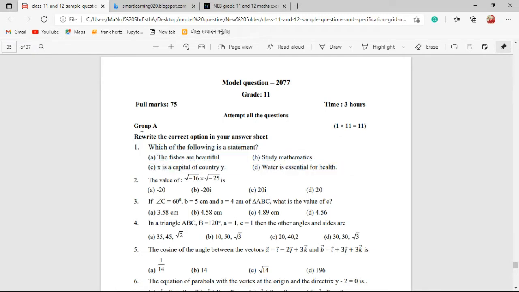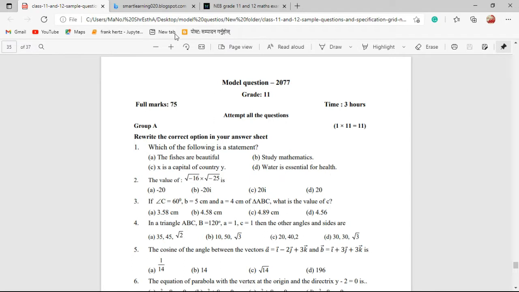A statement is a sentence that signifies either true or false. So here we have to identify which of these four sentences is a statement: option A, the fishes are beautiful, or study mathematics, or X is the capital of country Y, or water is essential for health.